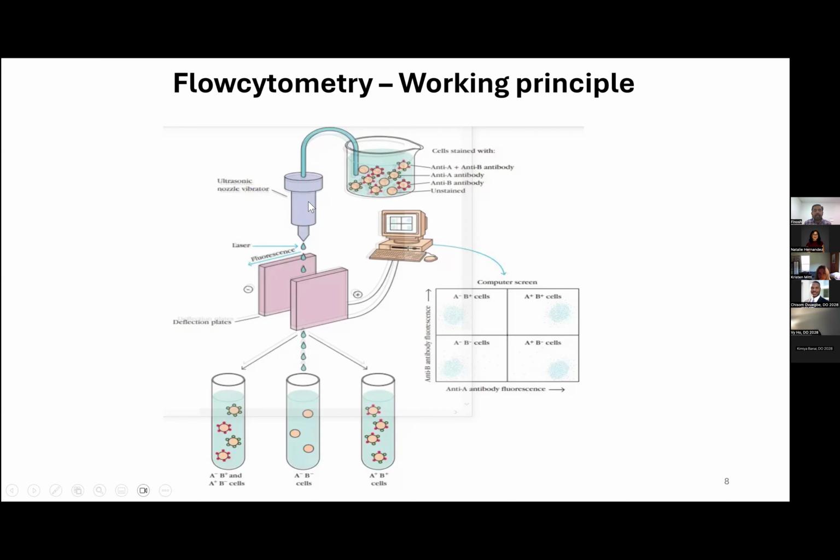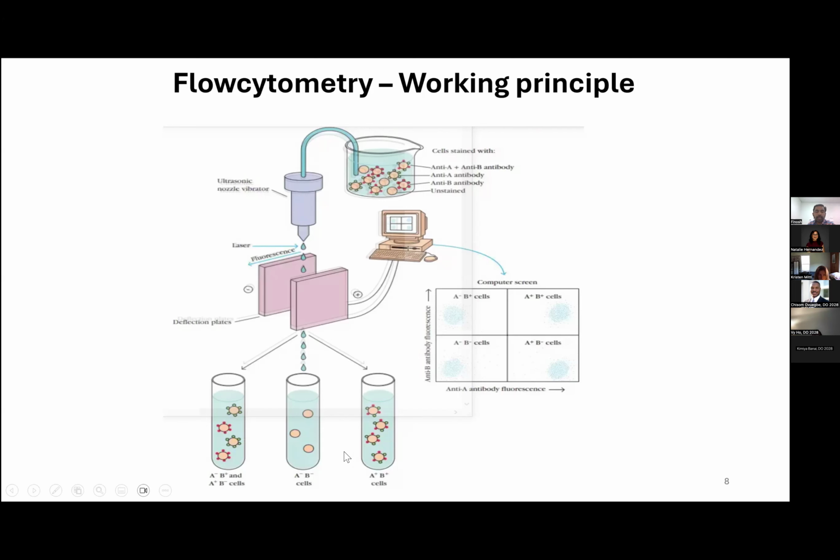and there is an ultrasonic nozzle vibrator that will help to separate the cells into single cell suspension, and it will be passing through the flow tube when the laser is hitting those molecules. According to the expression of those proteins, these cells can be sorted.